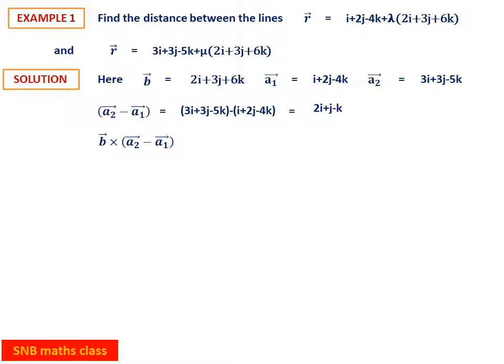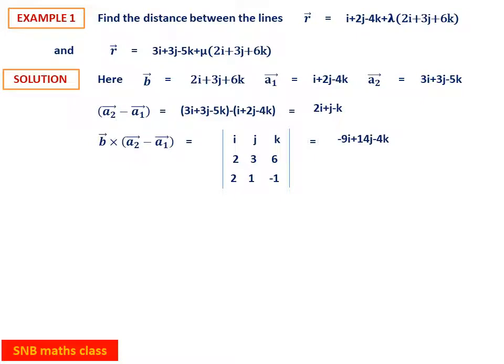Then find B cross A2 minus A1 because we need this one. First i j k, of course you know how to find the cross product. Then what is B? B is 2 3 6 because vector B is 2i plus 3j plus 6k. The second one is, of course, A2 minus A1 you have determined, that is 2 1 and minus 1.